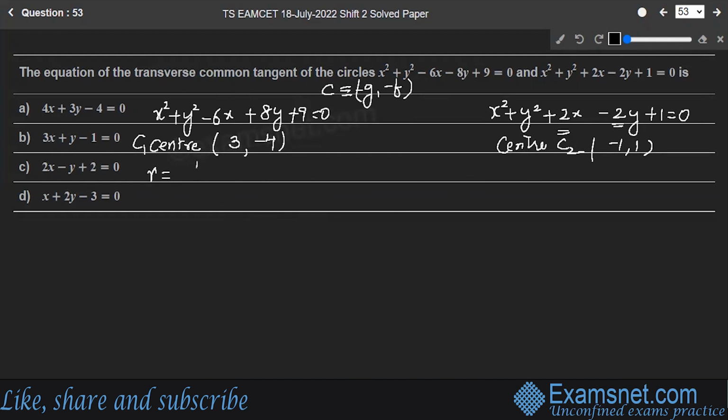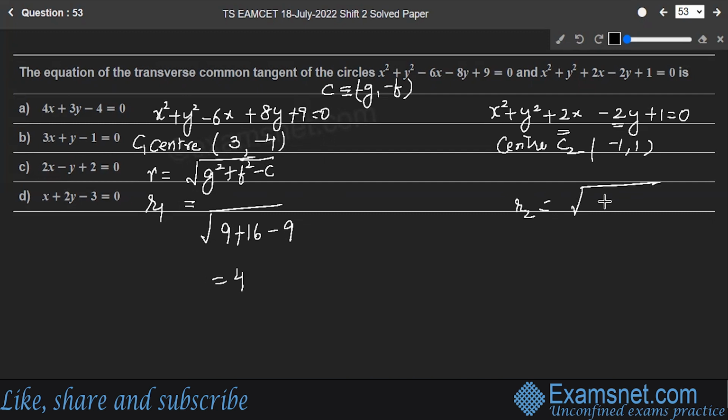Now the radius, as we did in the last question also, is root of g square plus f square minus c. So here R1 is equal to root of 9 plus 16 minus 9, that will be 4. And R2 is root of 1 plus 1 minus 1, that is equal to 1.